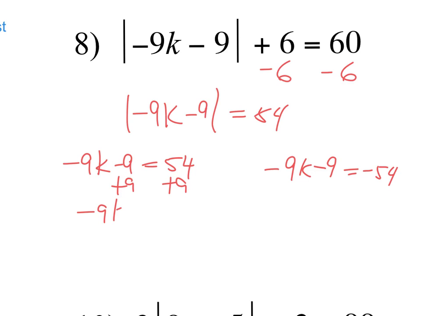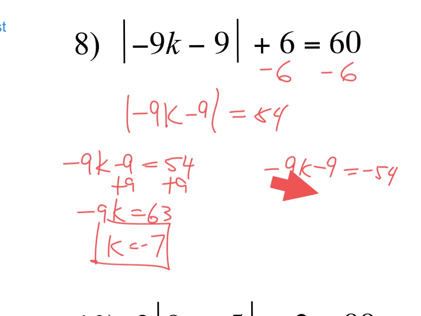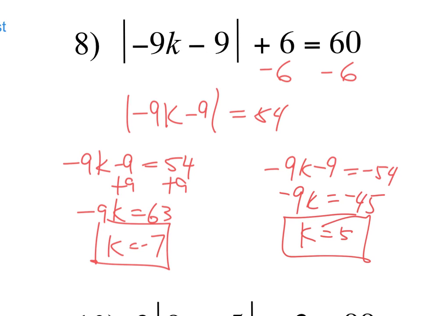Negative 9k is equal to 63, so k is equal to negative 7. And here when you add 9 to both sides, you'll have negative 9k is equal to negative 45, so k is equal to positive 5. So those are our two answers.